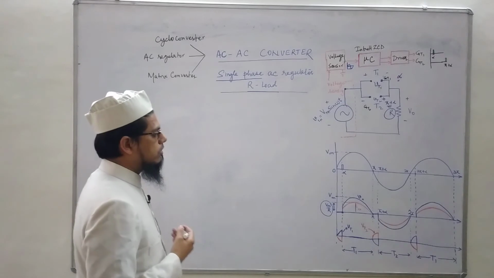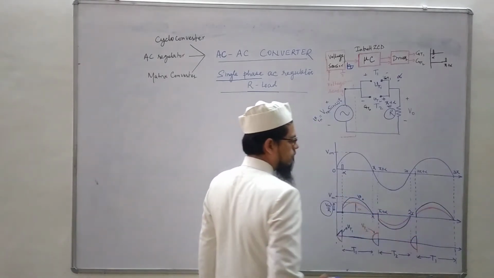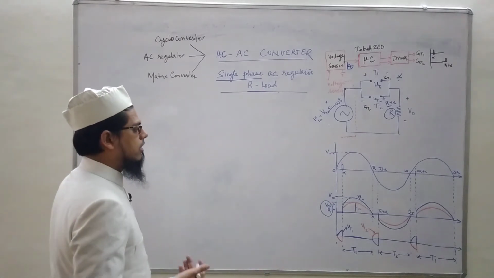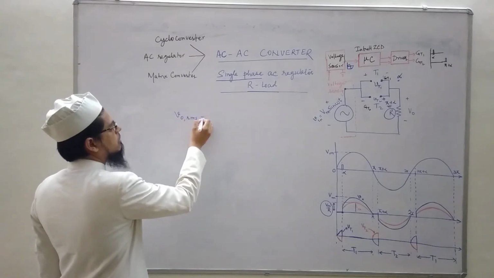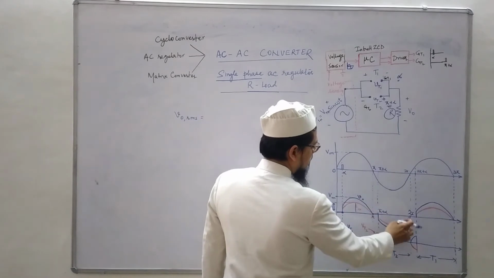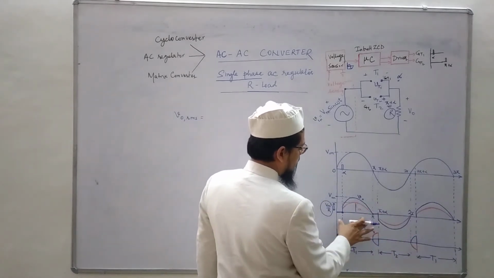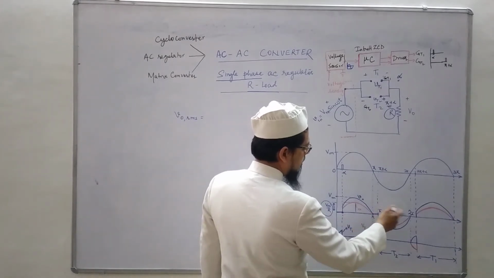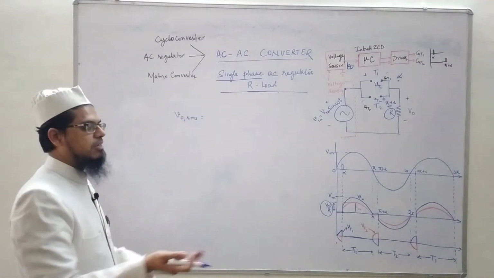So we have got this waveform. The average value of the waveform will be 0, since it is an AC waveform, so let us try to find out the RMS value of the output. To find the RMS value of this blue waveform, which is the output voltage waveform, we restrict ourselves to the half cycle only, from 0 to pi, because the other half from pi to 2 pi is basically a repetition.